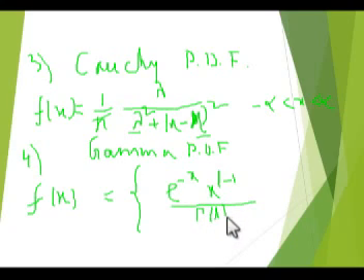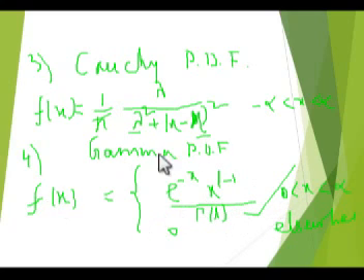I hope you know the behavior of the gamma function. Here x must be greater than 0 and less than infinity, and for negative values of x it is 0. The density function is 0 for negative values of x, and for positive values it is the probability density function.